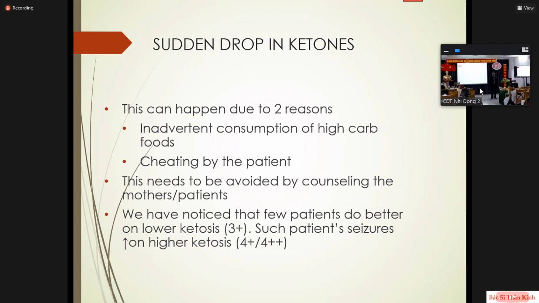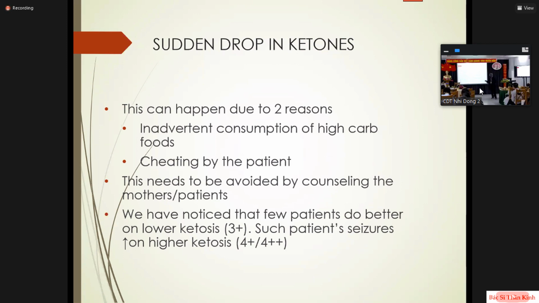Everything is fried. They've got a lot of oil in it. You cut up all the pieces of the chicken and you shallow fry it so that it pulls in all the oil. And when you do that, you'll find that within almost the same time, maybe by the 3rd or 4th day, the child's urine ketone would have zoomed up from 0 to 3+ or 4+. So that's the way we do it. We call it a carbohydrate washout diet.